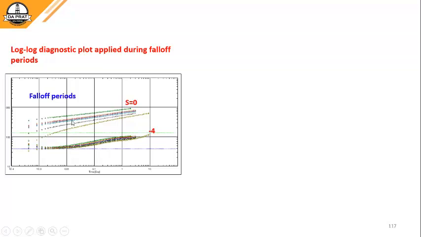All of them are quite consistent in shape. The difference between pressure and derivative, as you can see here, is because of damage. The initial fall-off is 0, and then I set up some negative values for damage, and the last fall-off, although it's longer duration, has a -4, a negative skin.